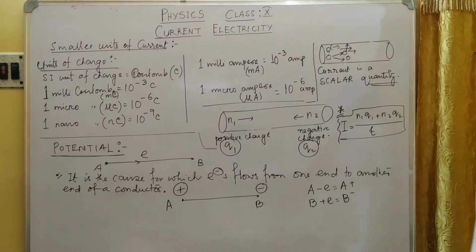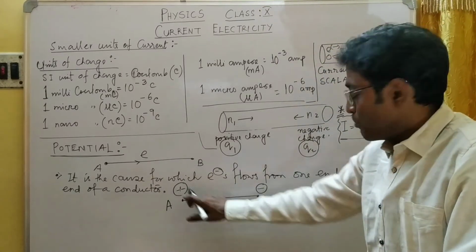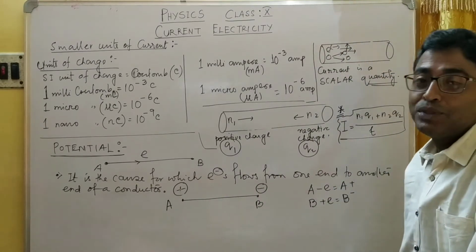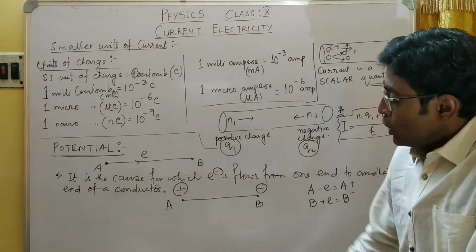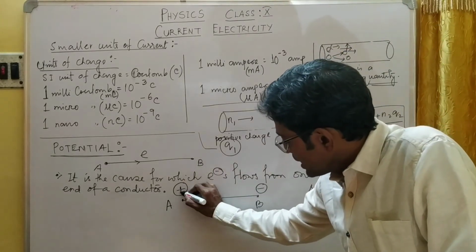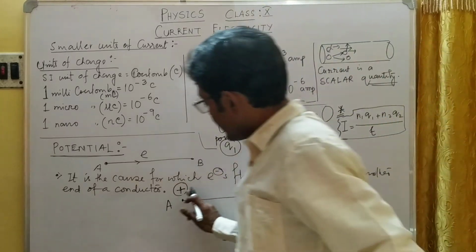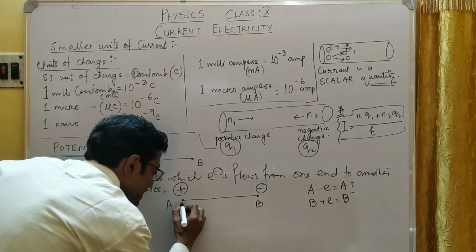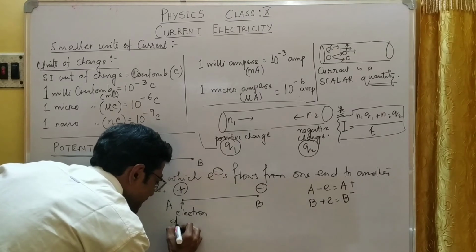Positive charge means there is a deficiency of electrons. The number of electrons required for stabilization is not there. So at point A, it is electron deficient. Remember, electron deficient.